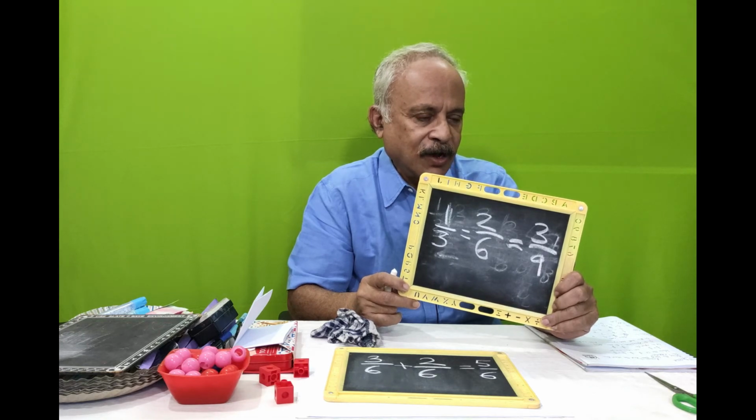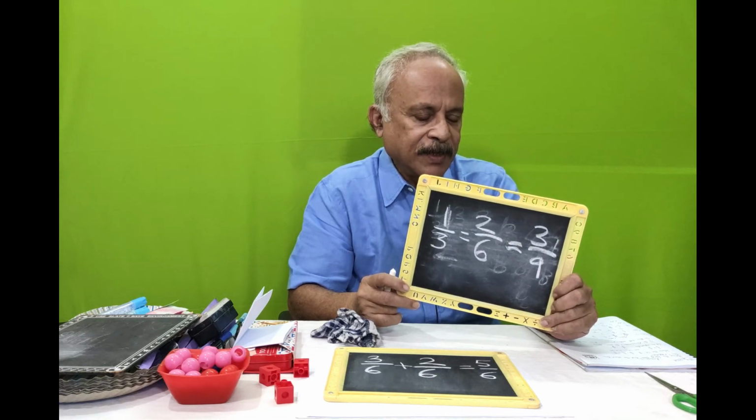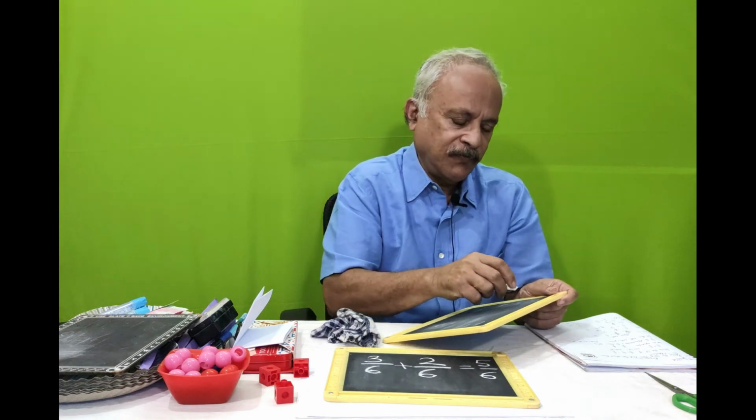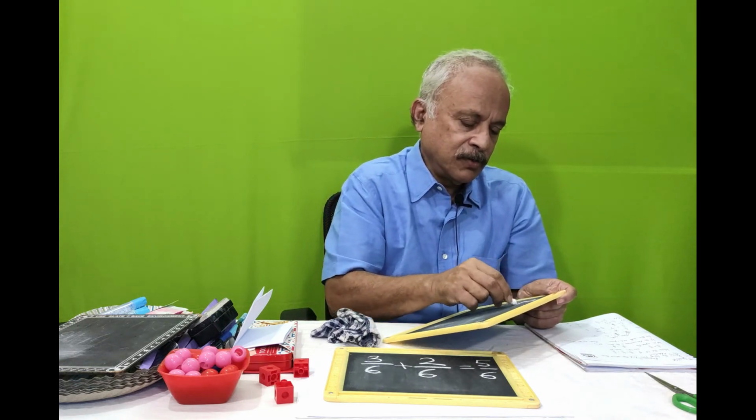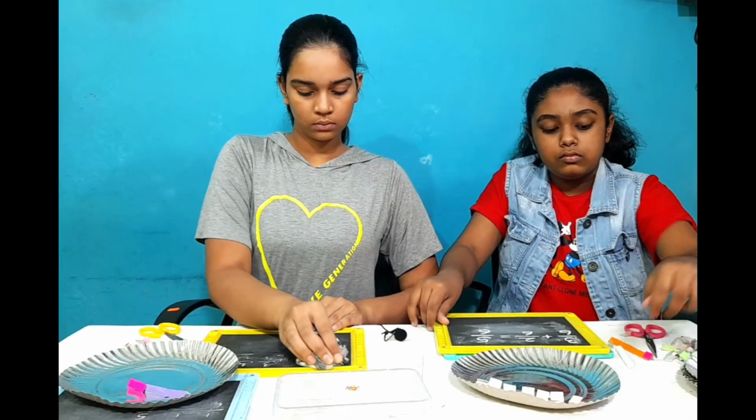Okay, so now take your slate and write ratios for 2 by 3.